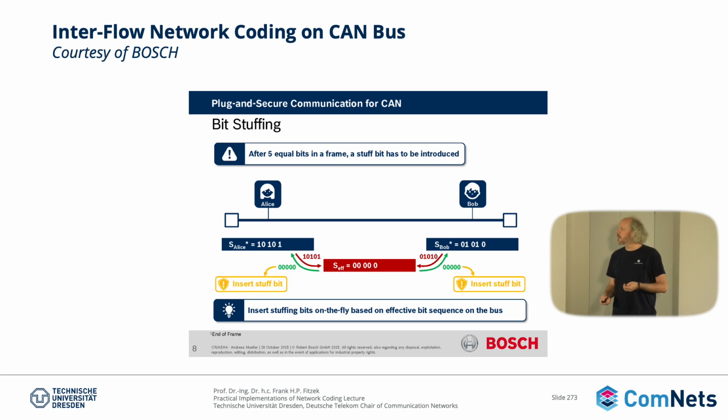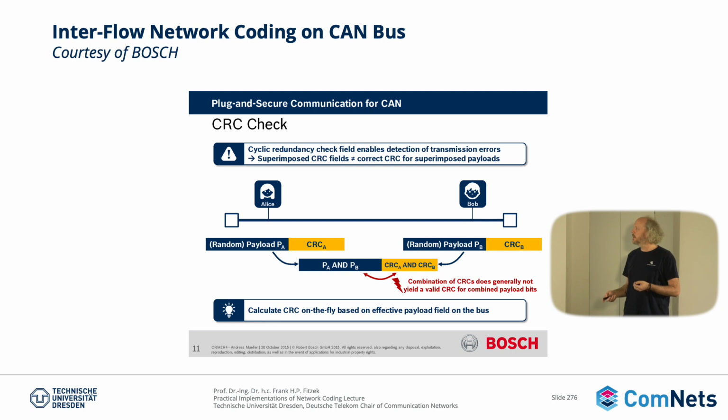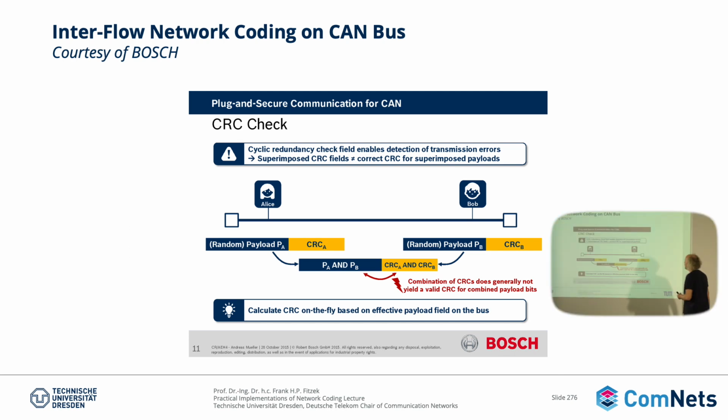Then there are other stuff that this is showing you, the introducing of the bits. You can look into this. And they also would like to have a CRC to understand whether the payload was correct. So if you make a CRC on your payload and a CRC on your payload, how does it work here?